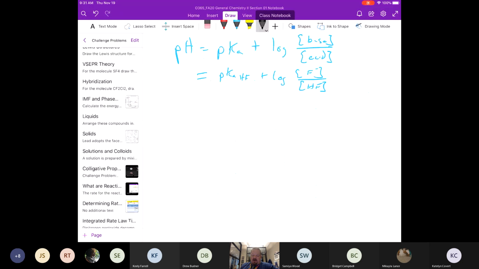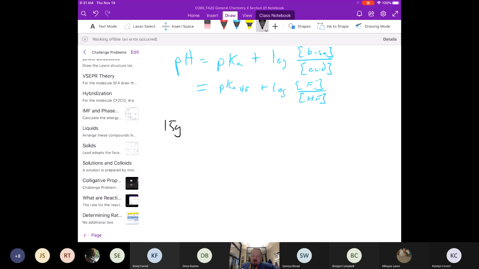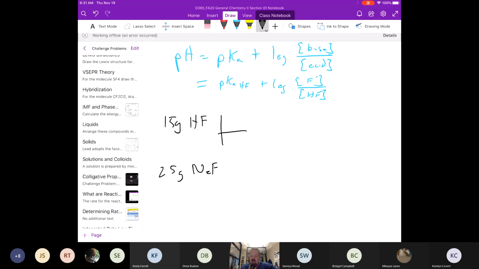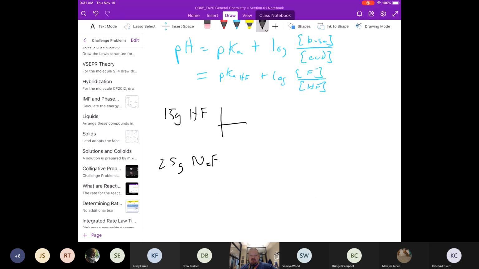So we know that we had 15 grams of HF and 25 grams of NaF. We have to get to concentrations, so we are going to convert this. If we look at the molar mass of hydrogen fluoride, fluoride has a mass of 19 and hydrogen is about 1.